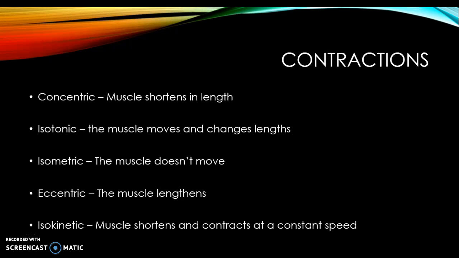For eccentric, an example could be throwing a cricket ball, because there'd be an eccentric contraction of the bicep again. And isokinetic could be anything, from running on a treadmill to stationary cycling.